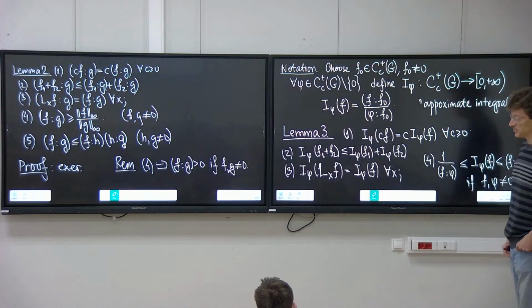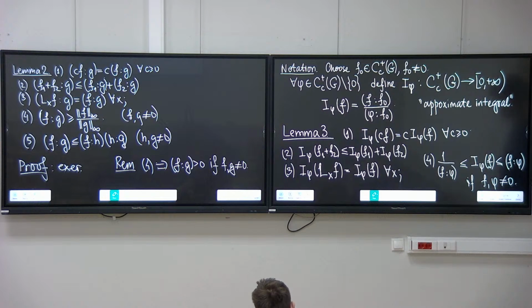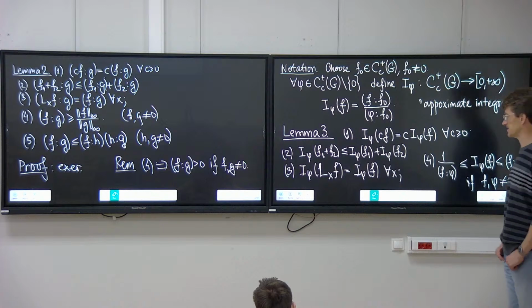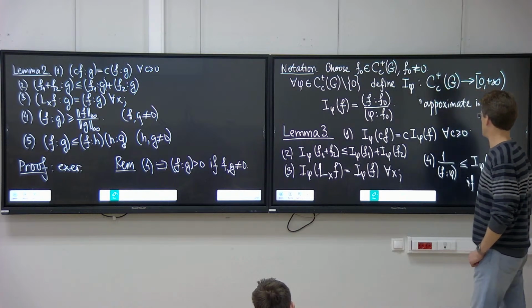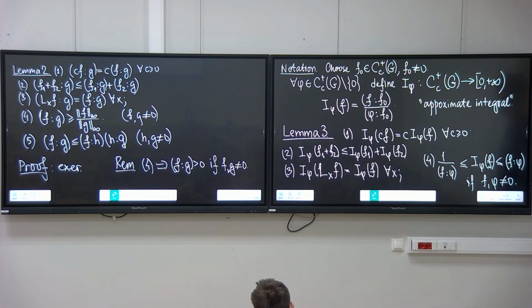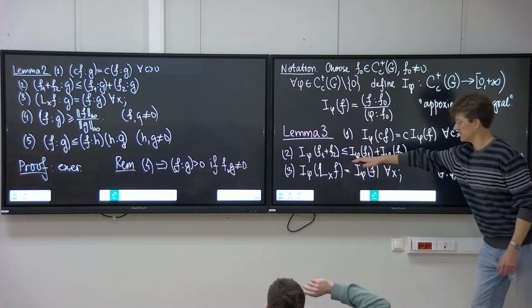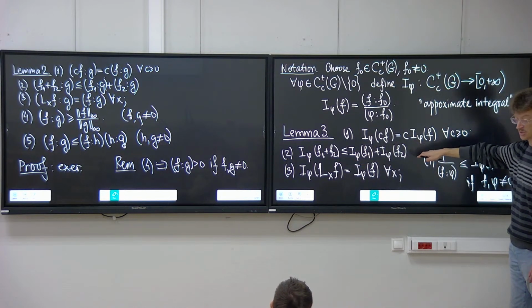Okay, so that's all for today. The proof will be given at the next lecture, but the idea now is that if we make the support of phi smaller and smaller, then we get a good approximation to a map which is defined on the same set, but which is not just sub-additive, but which is also additive.